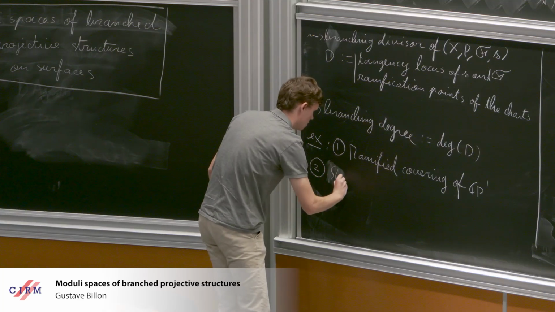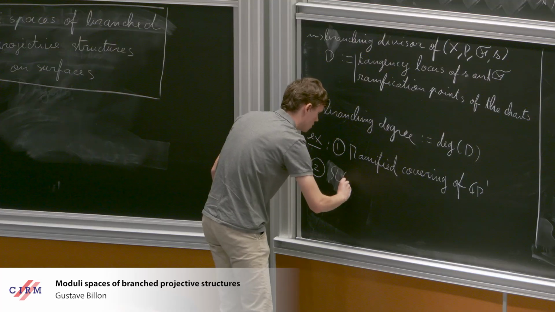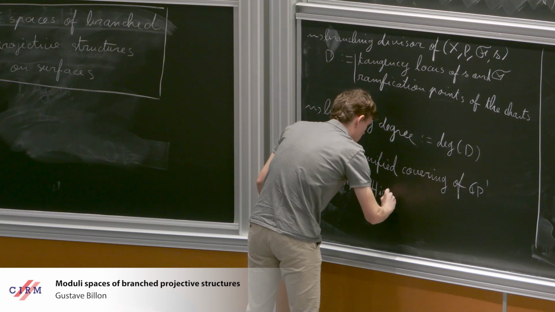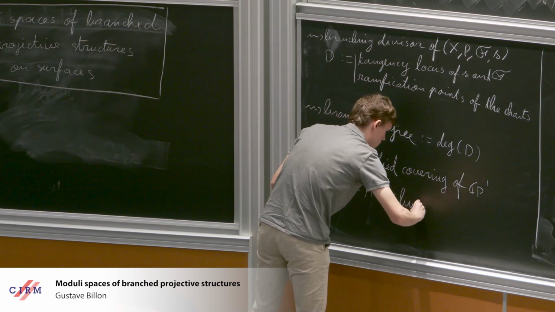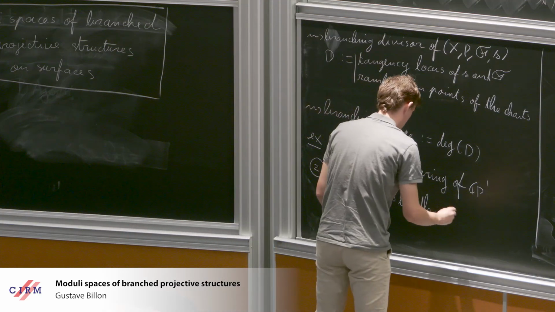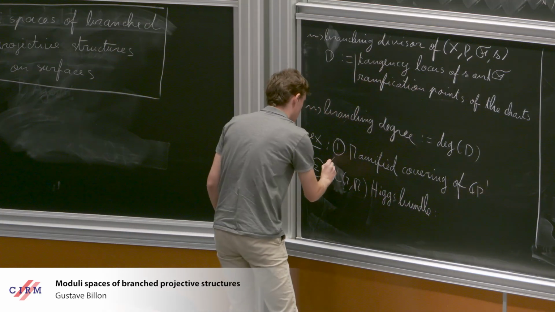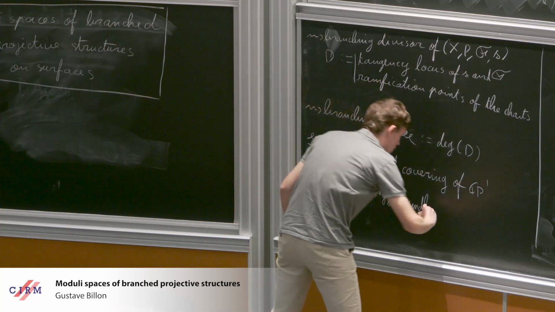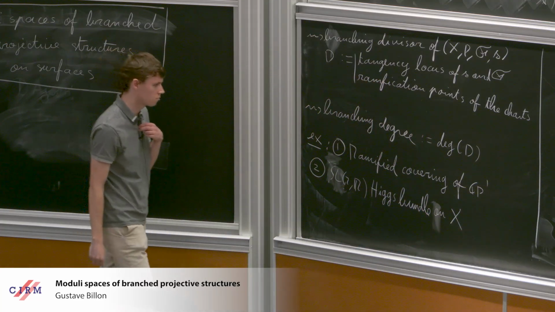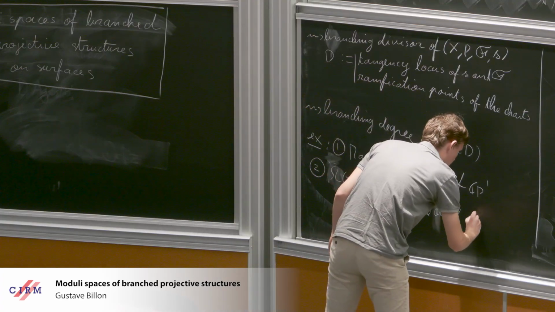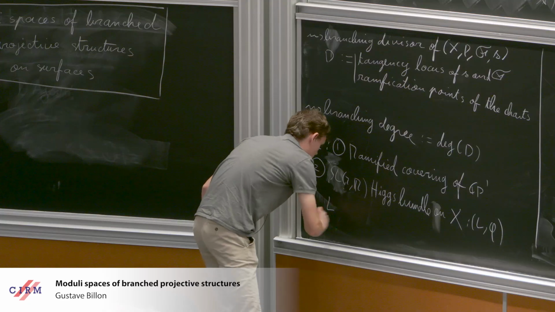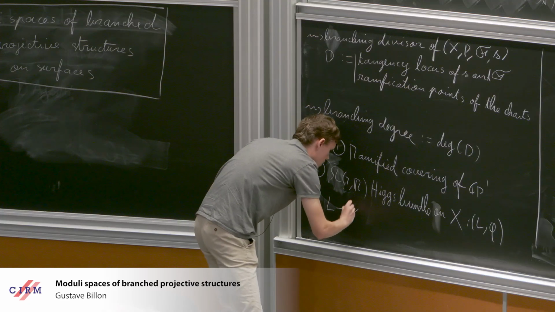So if I take an SL2R Higgs bundle, say X a Riemann surface, X is still a Riemann surface. So it is a couple (L, phi), where L is a holomorphic line bundle on X.